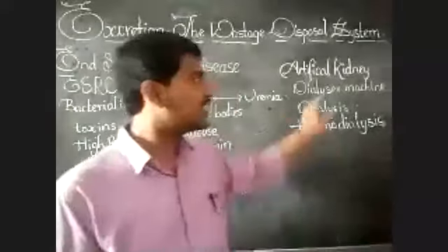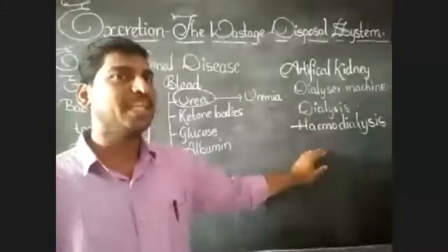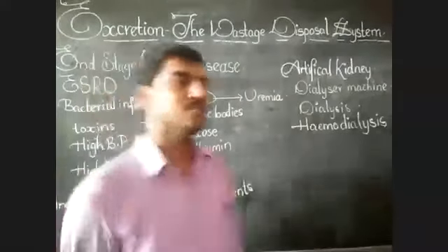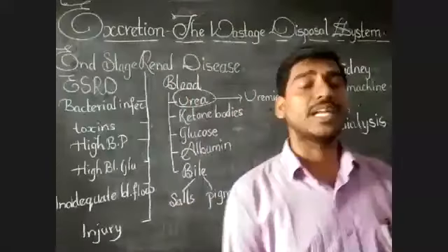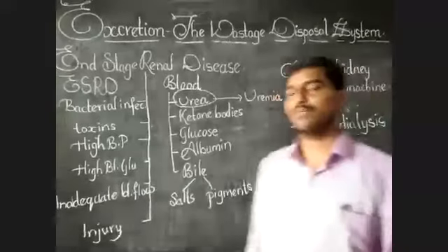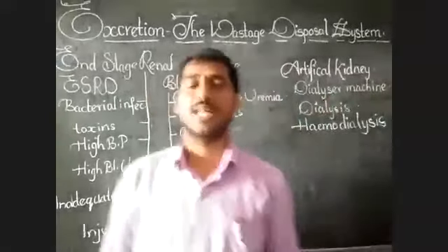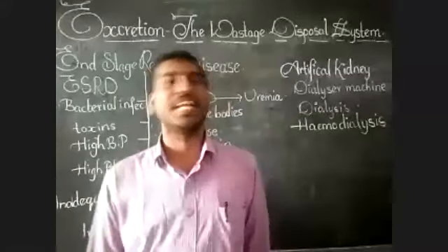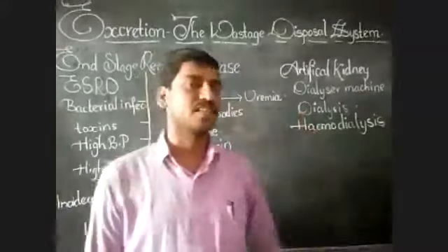hemodialysis. So in this dialyzer machine, what is happening? Our blood is being filtered. That means nitrogenous waste materials are being separated through a semi-permeable membrane. You need to understand that a semi-permeable membrane is required for this filtration process.